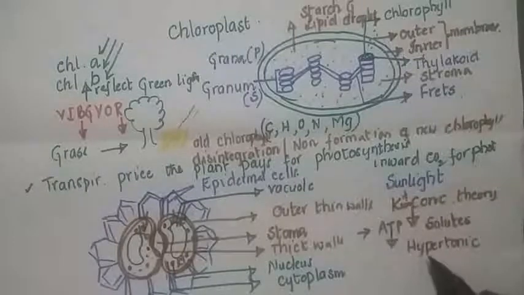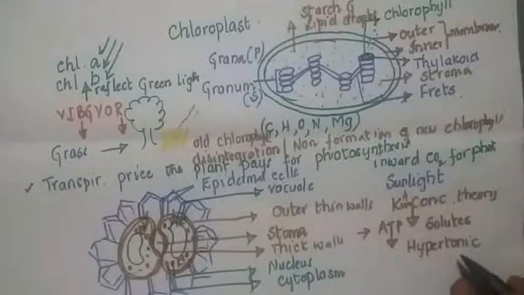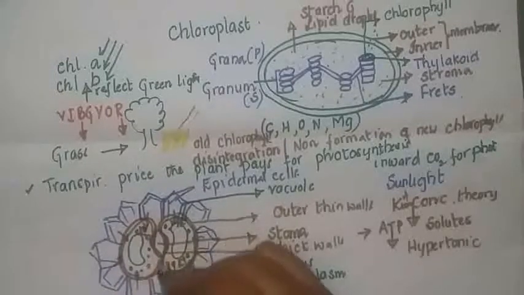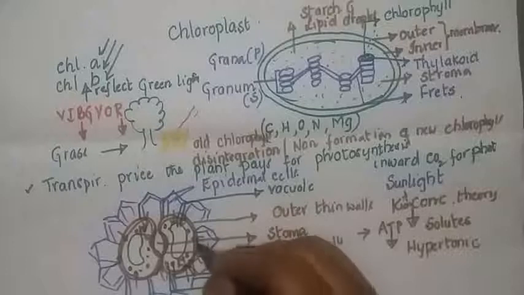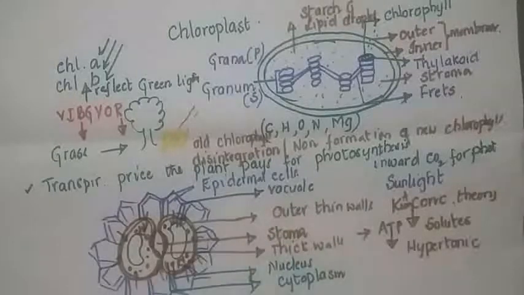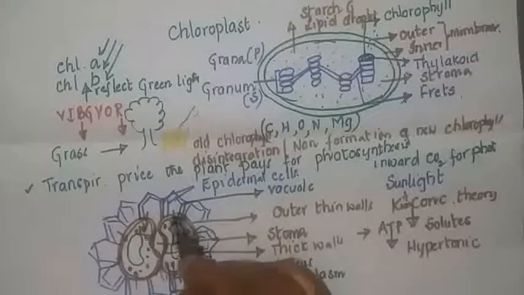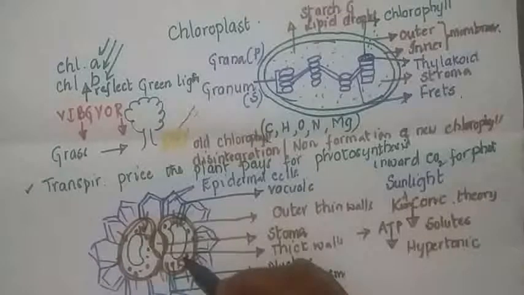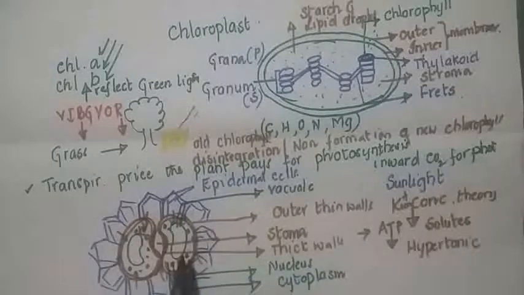Because of the hypertonic condition, there is less water and more solutes, thereby water from the epidermal cells, water from the neighboring cells, moves into the guard cells by endosmosis, thereby the guard cells become turgid, the vacuole enlarges, the volume of the vacuole increases, thereby the outer thinner walls, that is a specialty, will be pushed out.